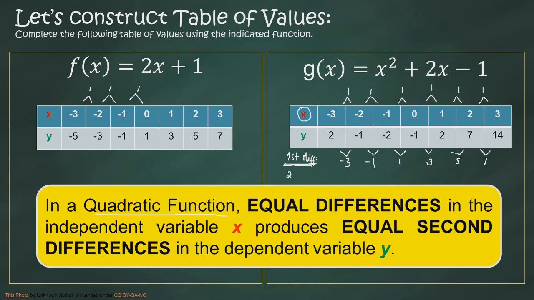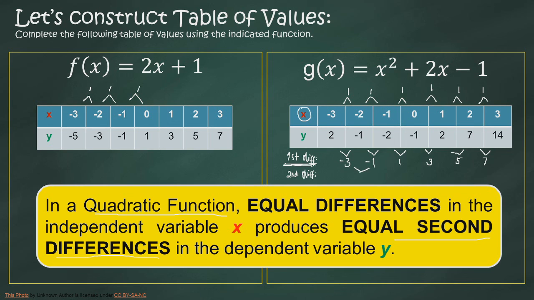How about the second difference? So bakit natin kailangan kunin ang second difference? Because that will prove that the function that represents this table of values is a quadratic function. So kailangan natin kunin yung second difference. Okay. So dito natin kukunin ang second difference.